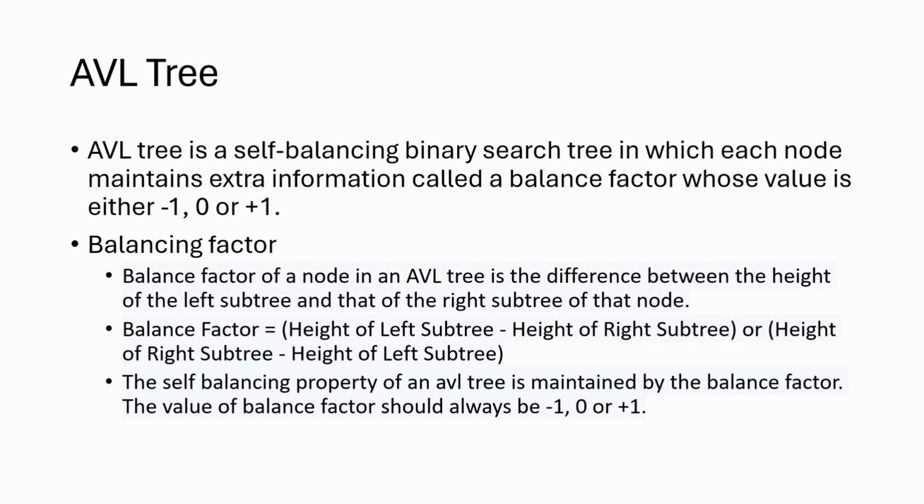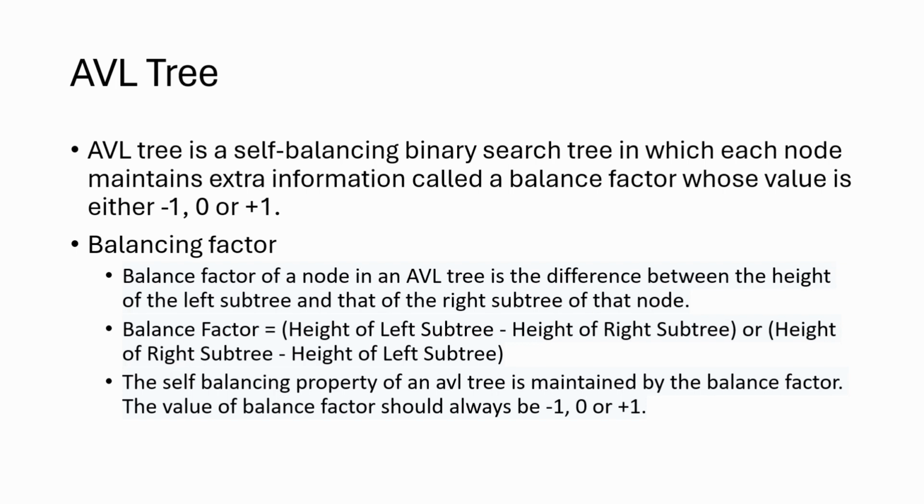So, the balance factor of a node is the difference between the height of the left subtree and that of the right subtree. Balance factor is equal to height of left subtree minus height of right subtree, or right subtree minus left subtree.